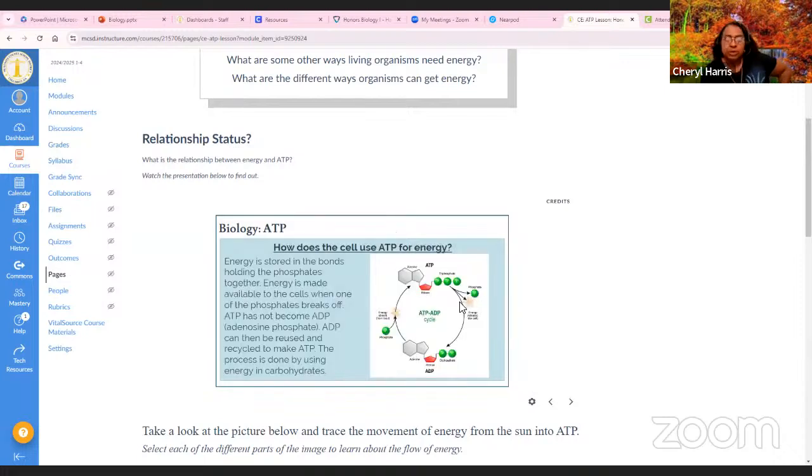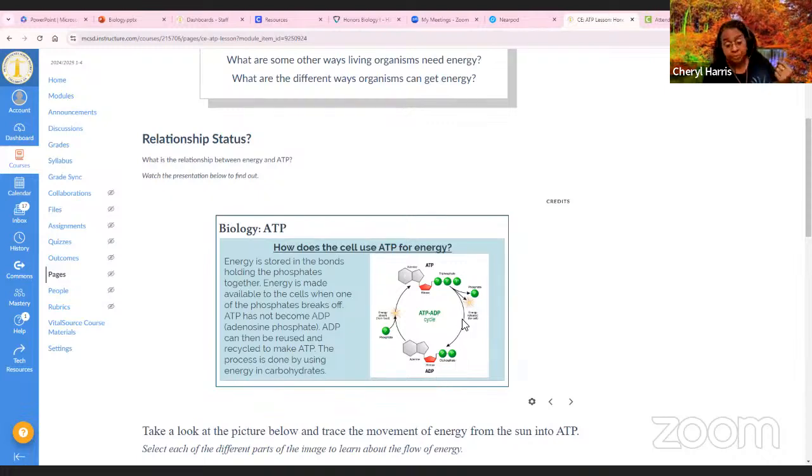All right, what this picture is showing you is what an ATP molecule looks like. It is an adenosine connected to a sugar molecule with 3 phosphate molecules attached to it. So that's where you get the triphosphate from. And what happens during this process is that one of the phosphates breaks off, and then that bond holding it on there is so strong it releases energy. And then that molecule now, because it's missing one, is ADP.